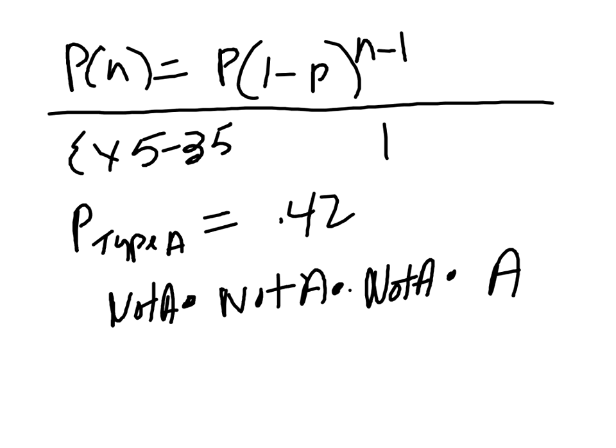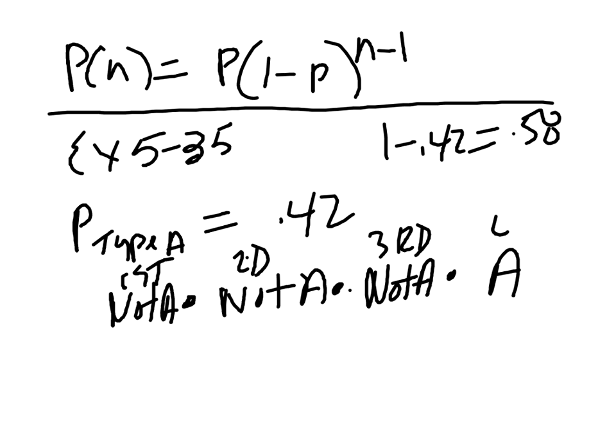So remember that 1 minus 0.42 equals 0.58. And if there's a 42% chance somebody has type A blood, then there's a 58% chance that they don't. And remember also that the fourth person is supposed to be the one that does have type A blood. So this is the intuitive way to do the question.